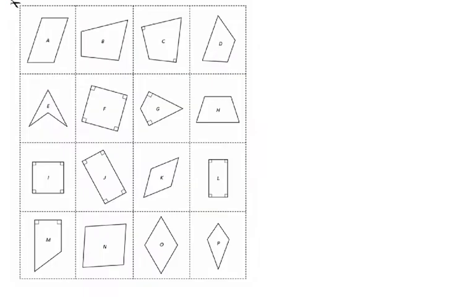All right, inside of your math folder, you are going to find a sheet that looks like this. It is on white, and it lists quadrilaterals A through P. I need you to find that. So go ahead and pause the video and find that sheet. What you're going to do is cut along the dashed lines.